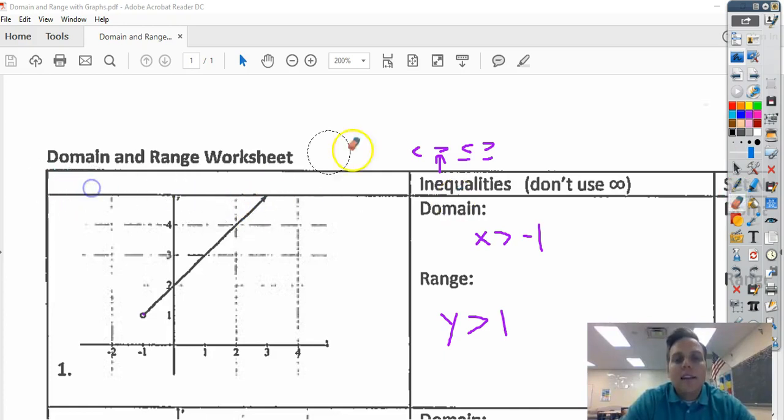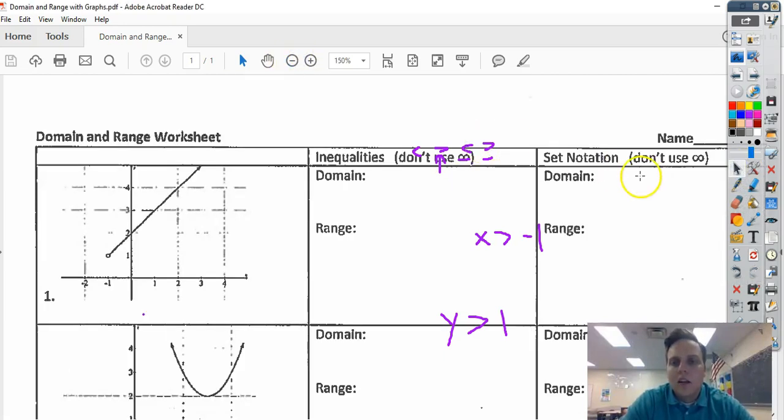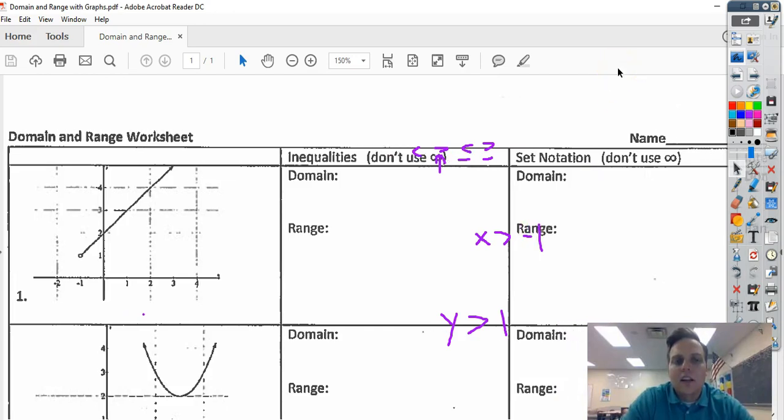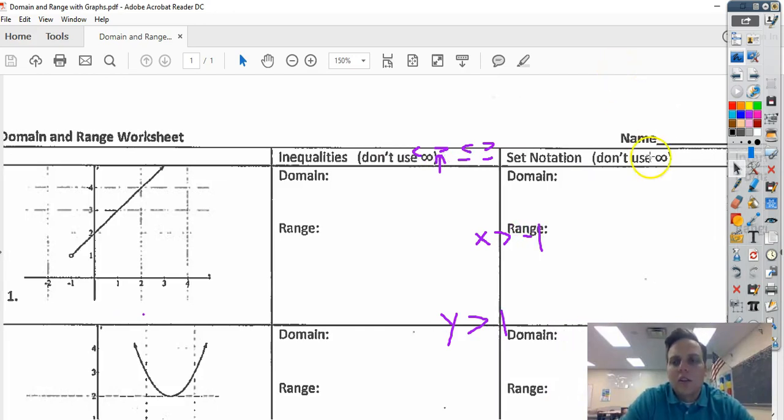Okay? So that's inequality format. So now we need to write this same answer. We're not changing our answer. We need to write this same answer simply in set notation. Set notation is just a fancy way of writing inequality notation.